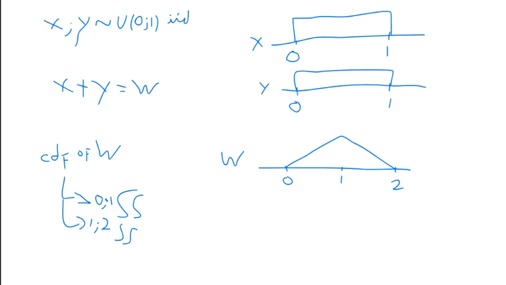Now, why was this the case? When you're calculating probabilities, say instead of W, it was any number. Say it was the number 1. Say you want the probability of X plus Y less than or equal to 1.